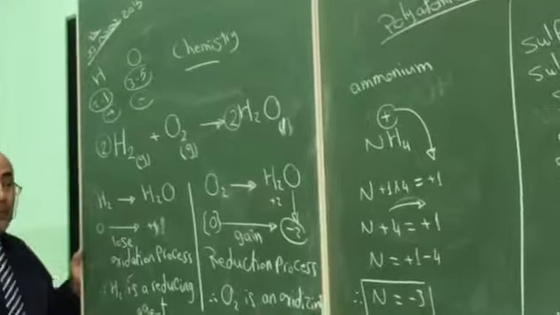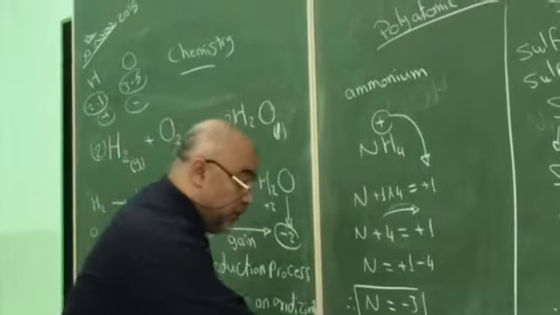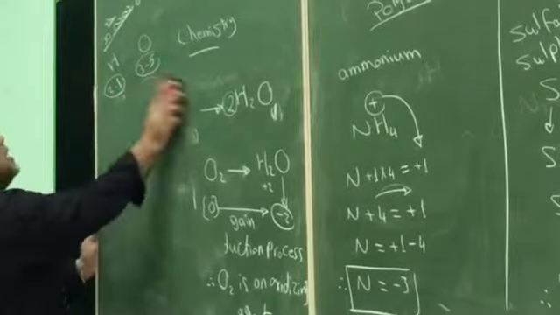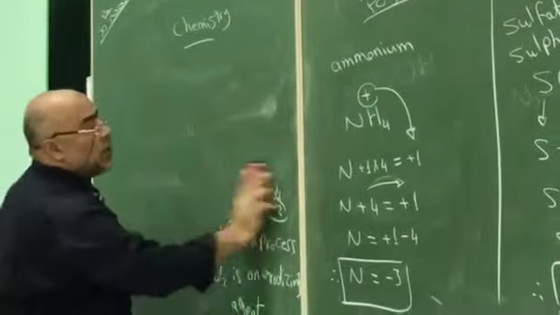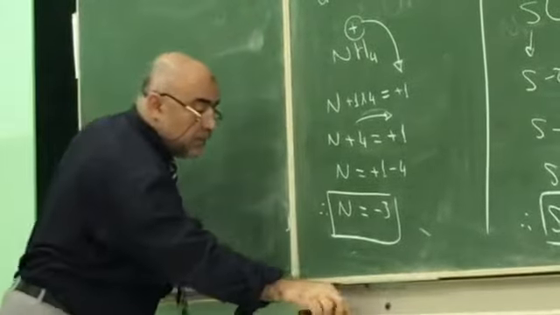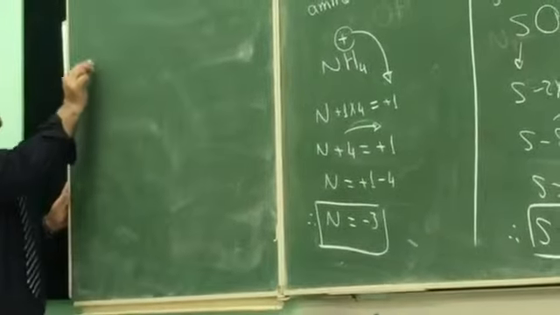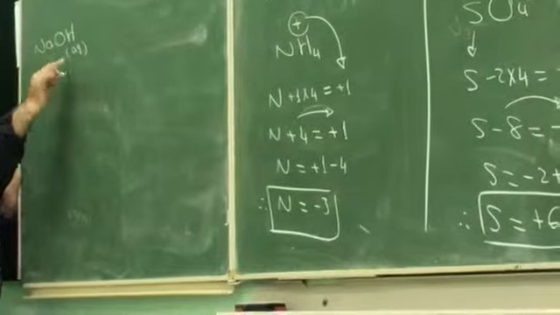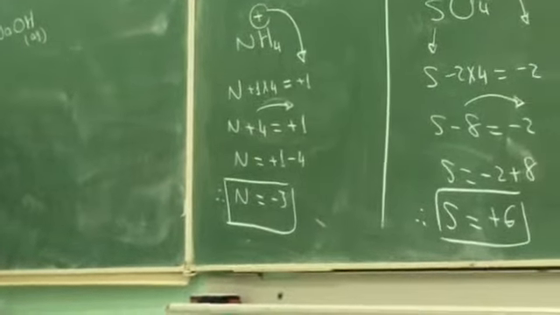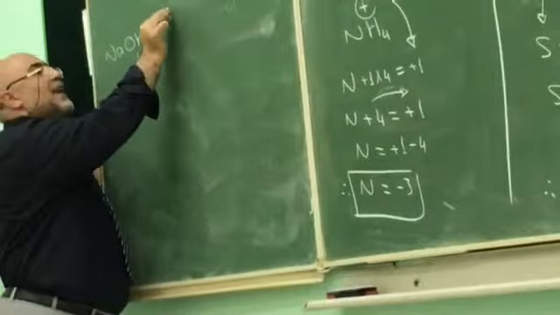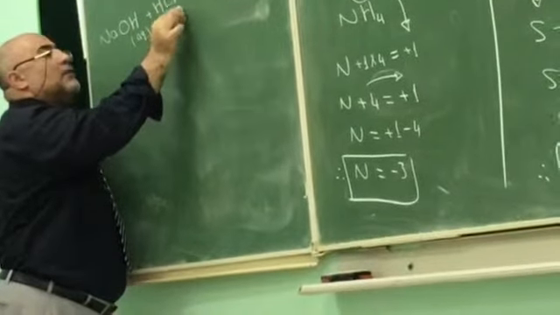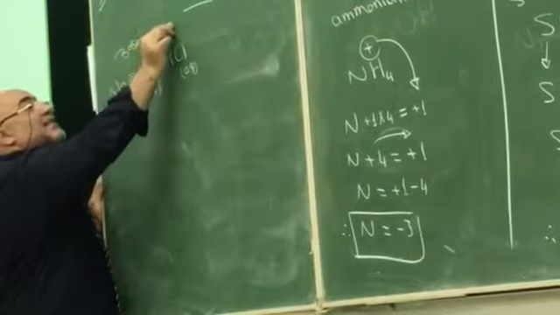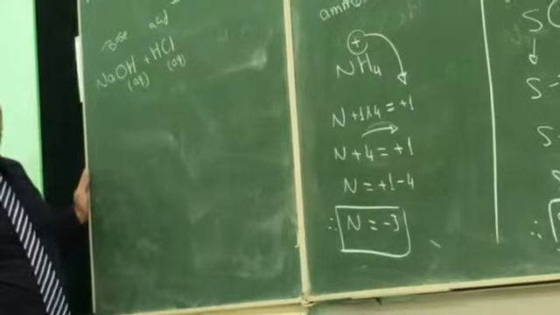What do you think will change the equation and the reaction itself? Look at this. If I put here sodium hydroxide, NaOH, aqueous solution, in the middle of aqueous, don't forget, it has water, right? Plus HCl, hydrochloric acid, another aqueous solution, that means base and acid, that means neutralization, right?